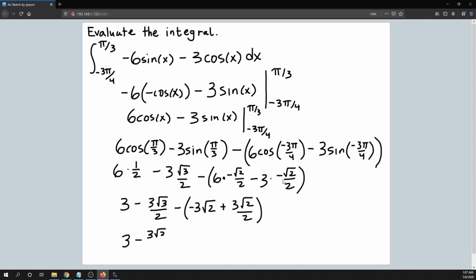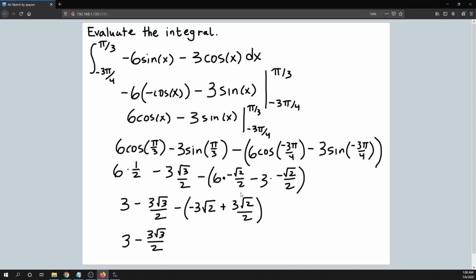All right, keep continuing to combine. Inside the parentheses, I can combine these. In fact, I probably should have left this one as minus 6 over 2, right? And I'll probably go ahead and do that. I was just trying to simplify as much as possible, but really I need to combine these two. So this one would be 3 root 2 over 2. And here you can see they had the same denominator.